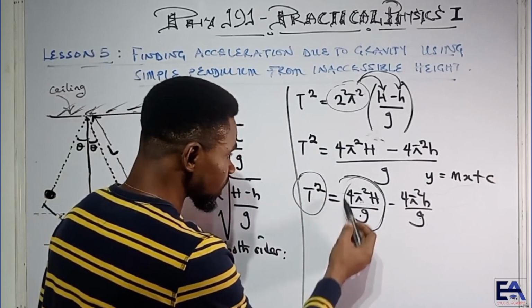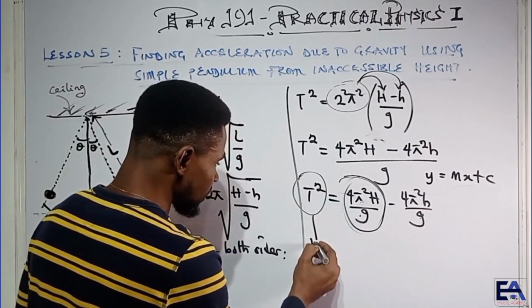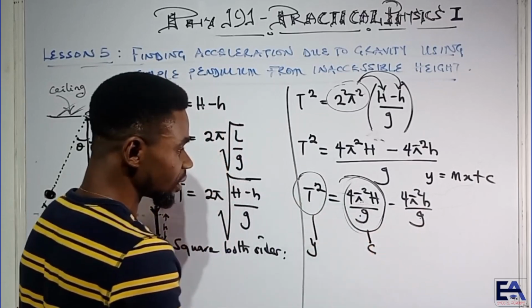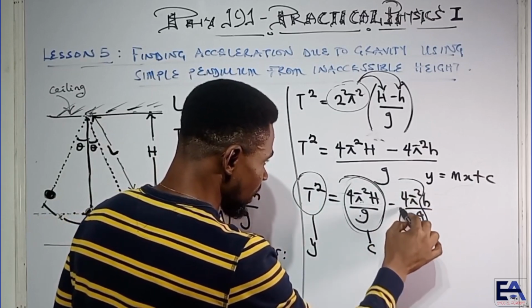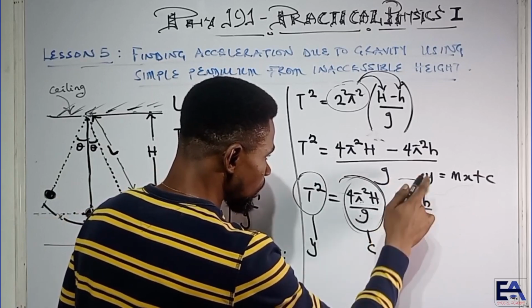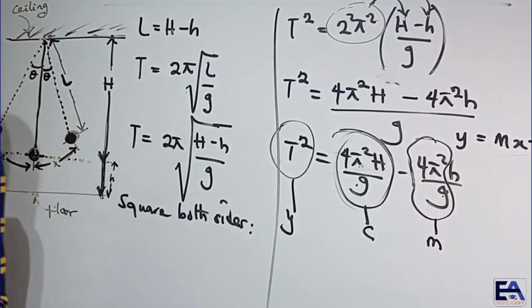Since everything else is constant, this represents our c. And this group of constants around here represents the slope, because the slope is also a constant.